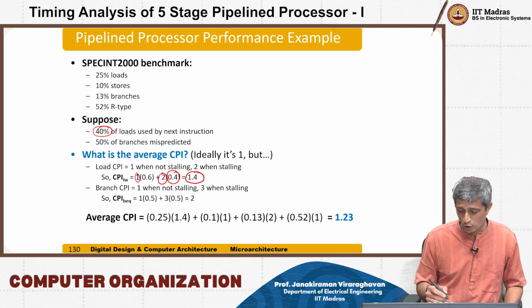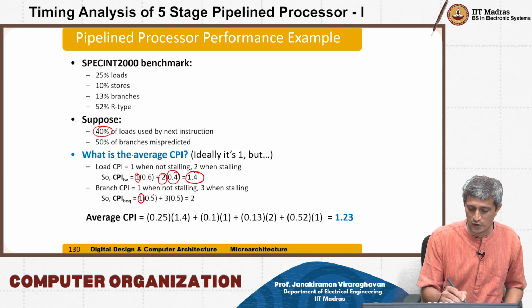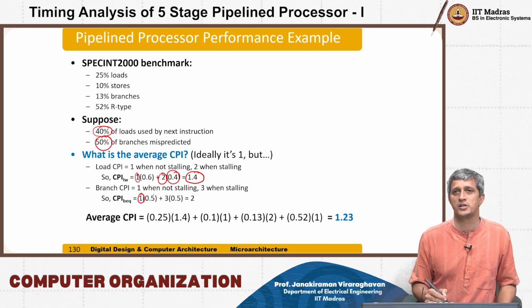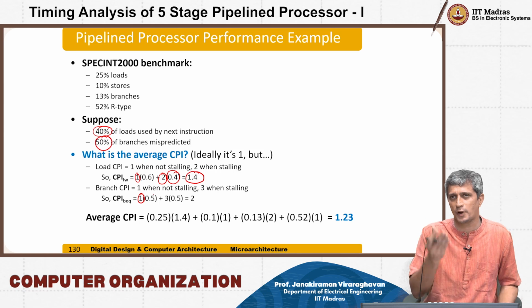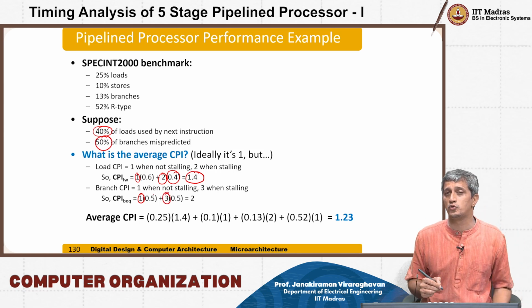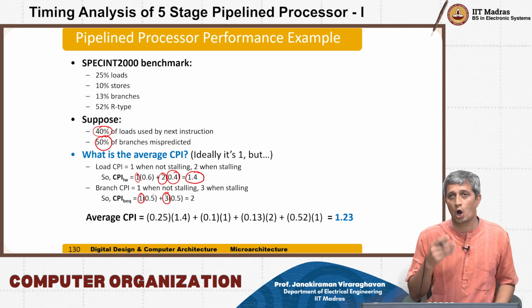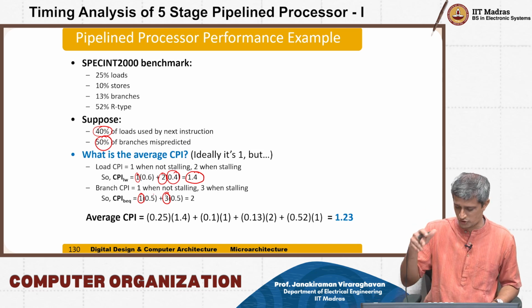So you are going to take 1 cycle when the branch is predicted correctly, 50% of the time, and 3 cycles when you are actually taking the branch.